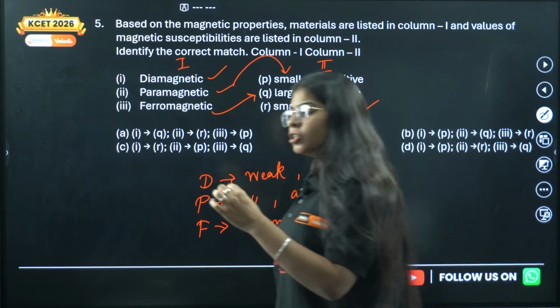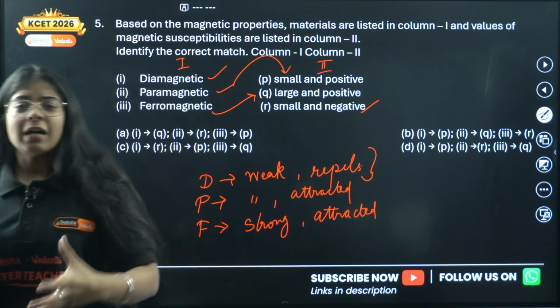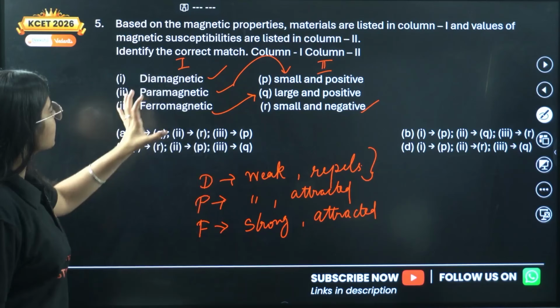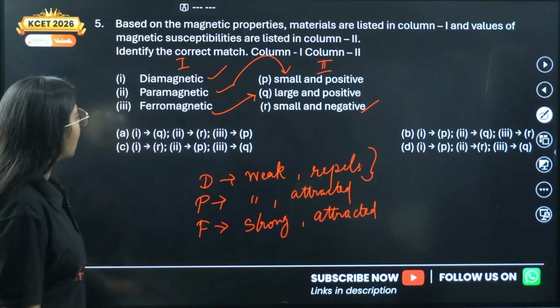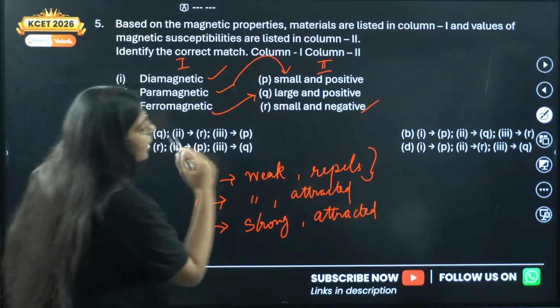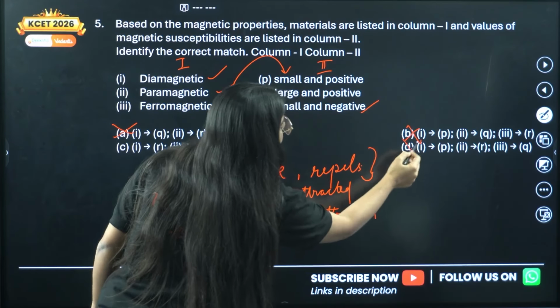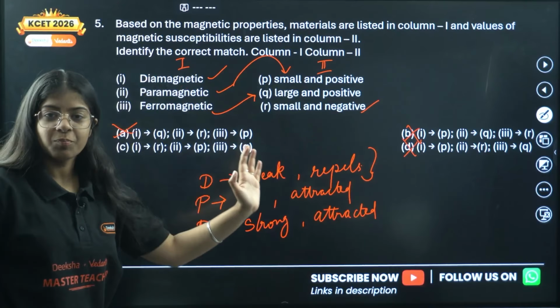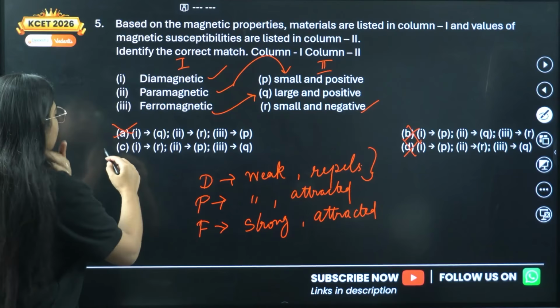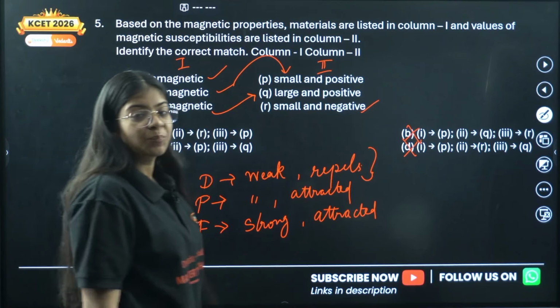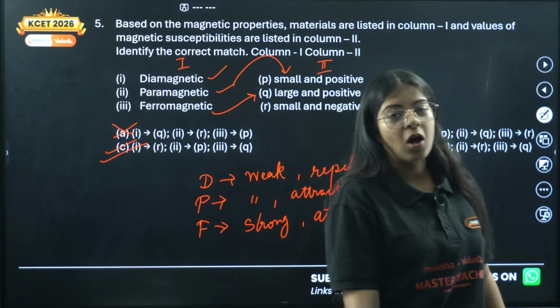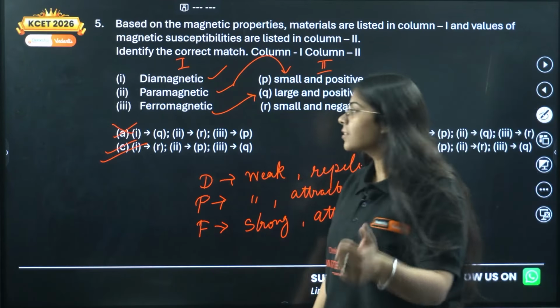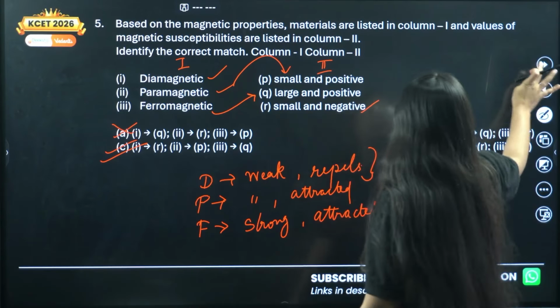So you can just use the trick to eliminate. First is diamagnetic. Diamagnetic is R. So this is wrong. Diamagnetic is R. This is wrong. This is wrong. Oh, we didn't even have to solve the full question. You just know the answer is C, because diamagnetic is small and negative. Correct? Moving on to the next question.